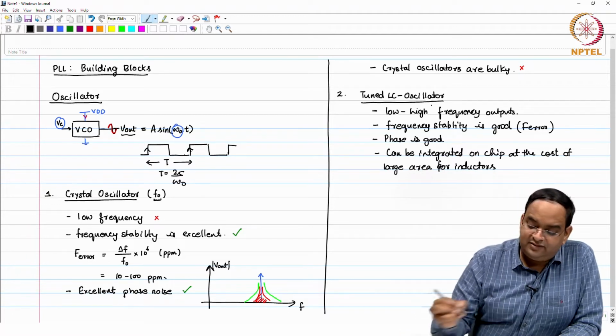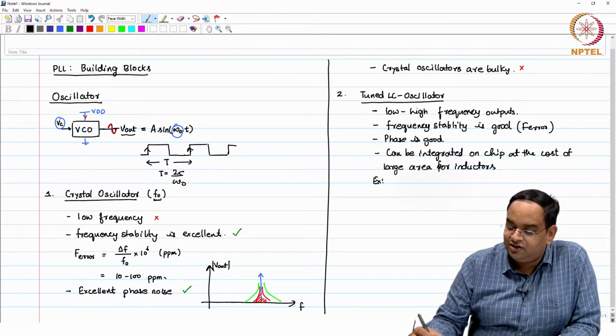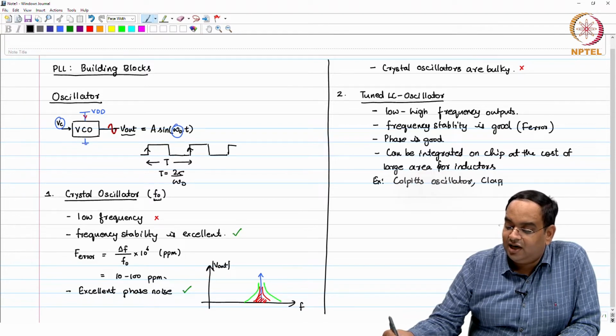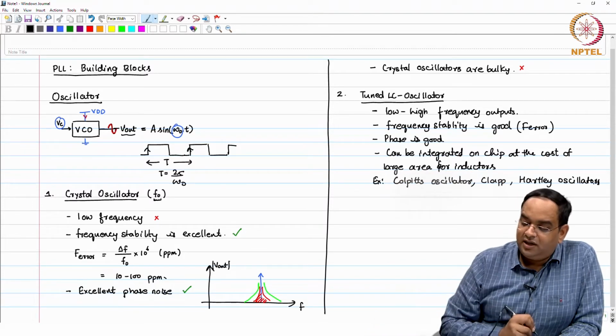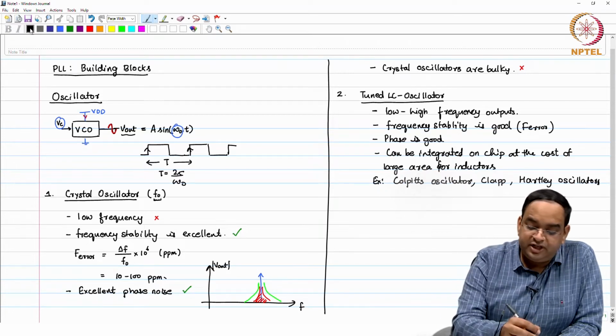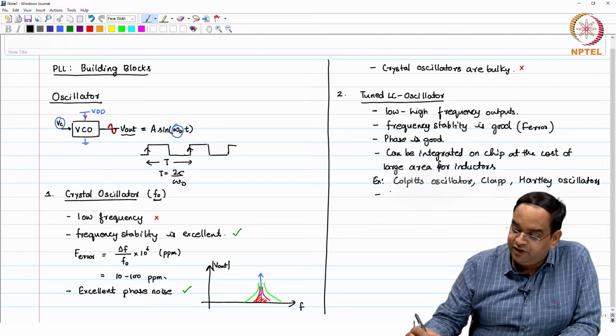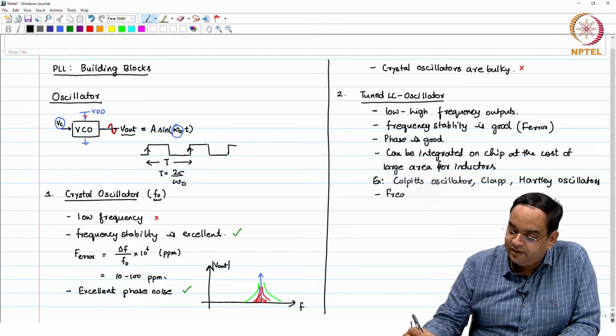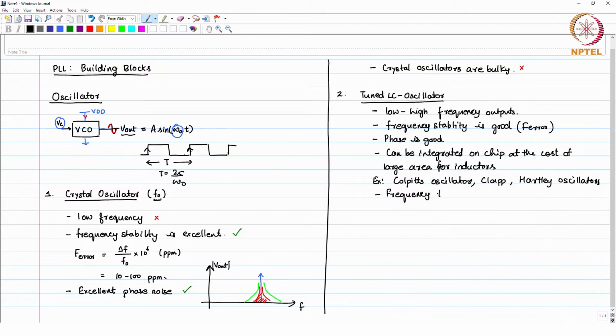Okay. So, the examples of tuned LC oscillators are your Colpitts oscillator, Clapp oscillator, Hartley oscillator, right. Okay. Another bad part about this, I would say, is that the frequency tuning range is limited.